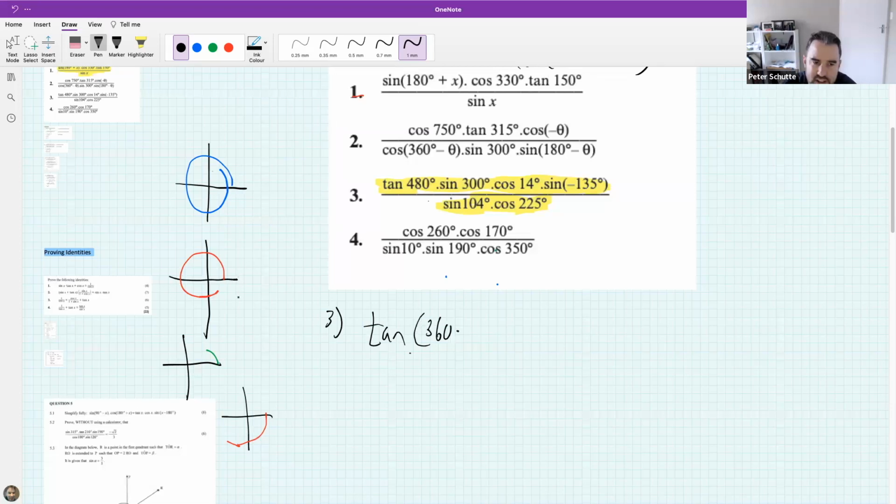No, it's 480. Actually, 480 gets even further. 480 goes all the way to here. So now what is that going to be?